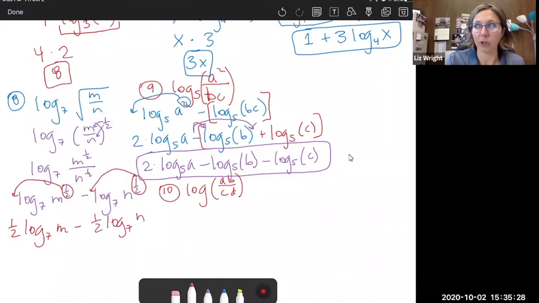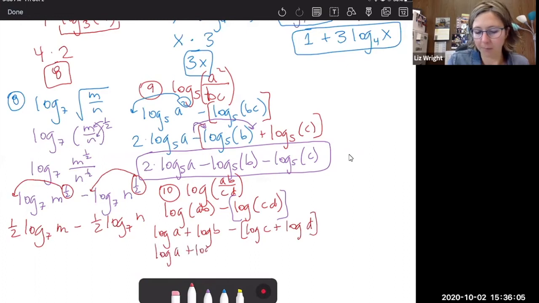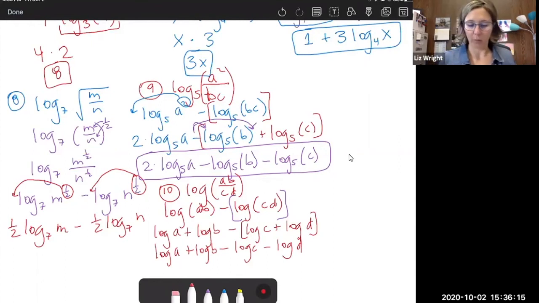I'm going to work through it, and then I want you guys to keep going and see how you do. All right, so I wrote the solution up for you. Check your work when you're done and see how you did.